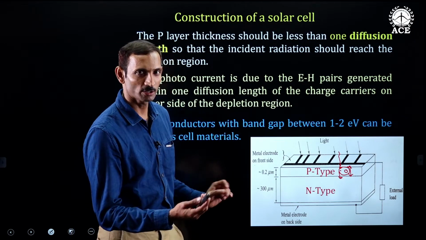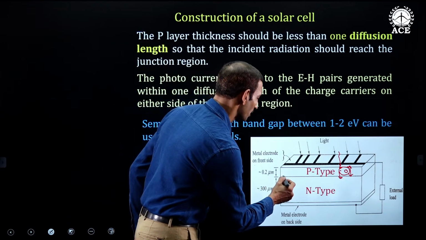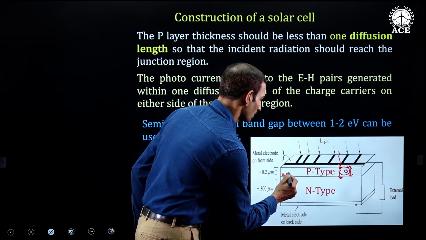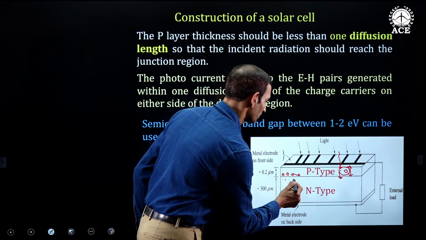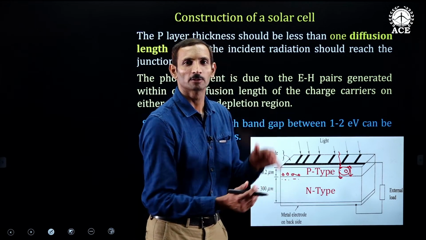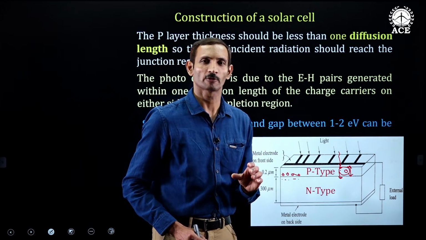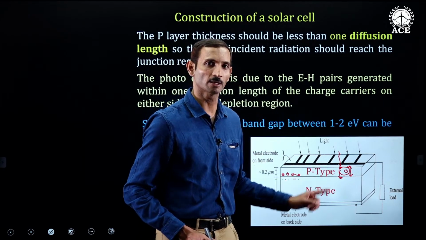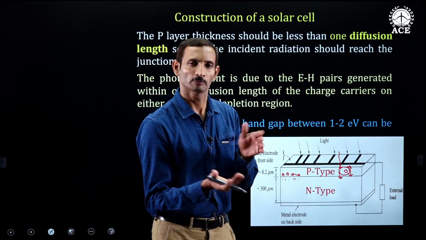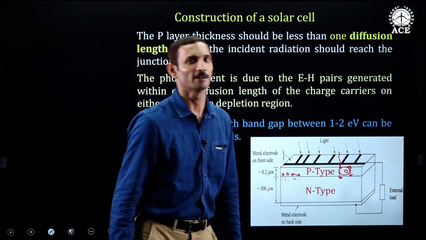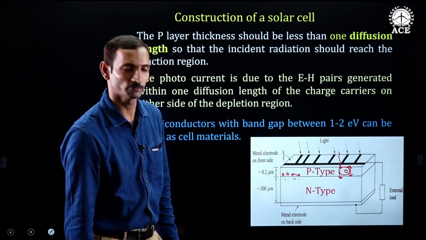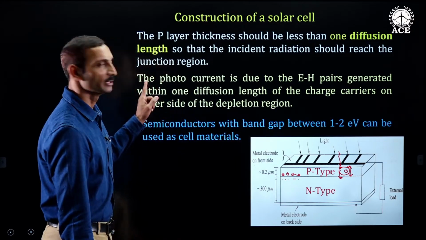We know when electrons and holes are released, holes would come over here and electrons over here, forming a potential difference across the two ends of that diode. So that is nothing but a cell. That diode becomes a cell now. Clear?